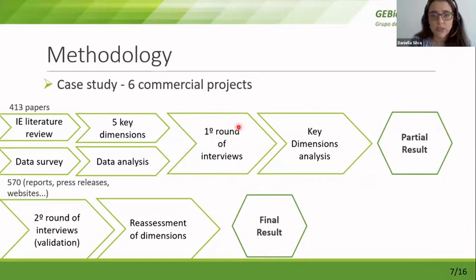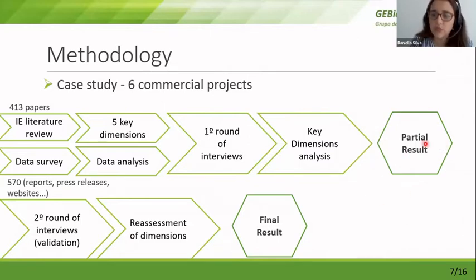After that, we started the first round of interviews with second generation ethanol experts. Among this group, we had some experts that were directly connected to the projects. We studied this material and got what we call a partial result.